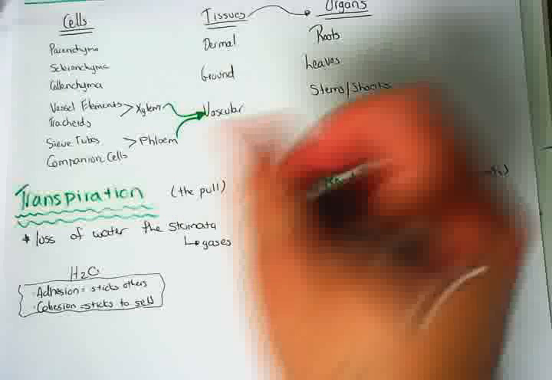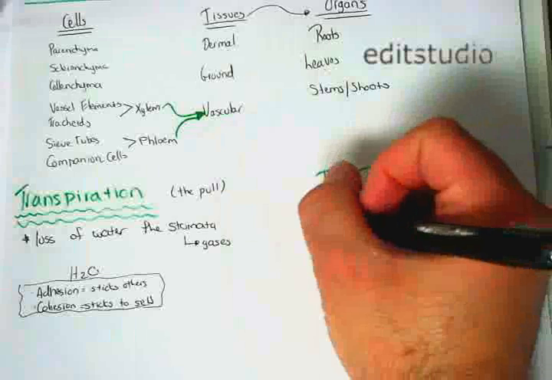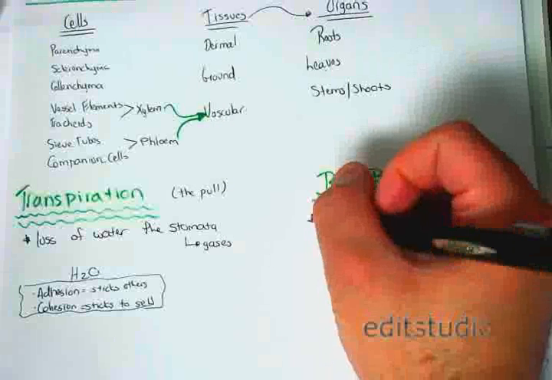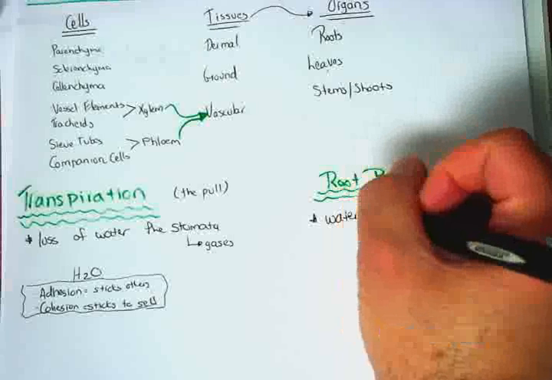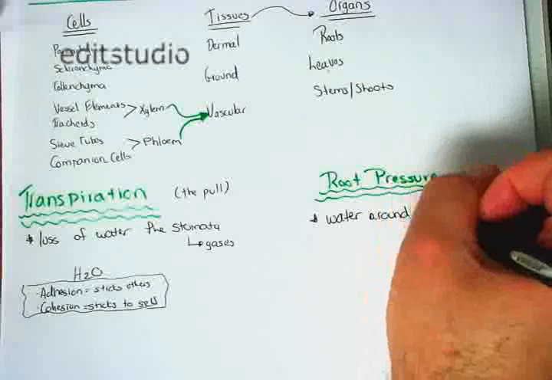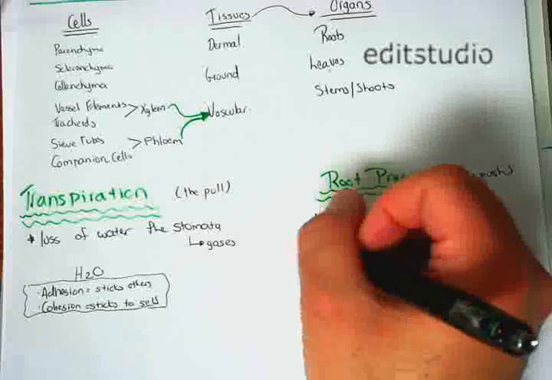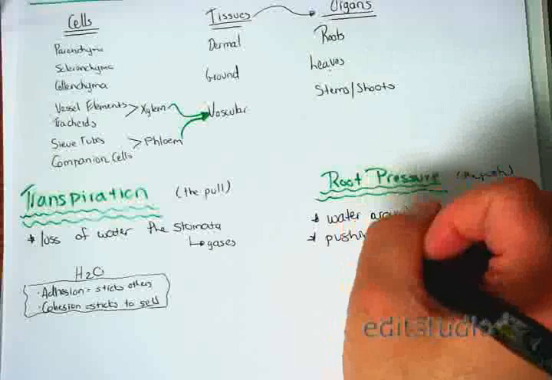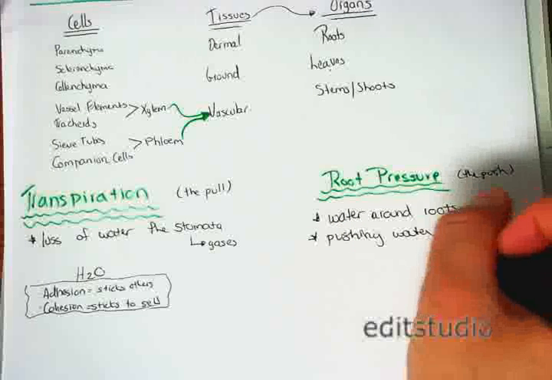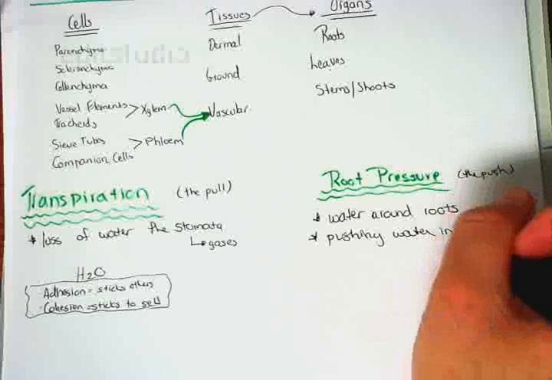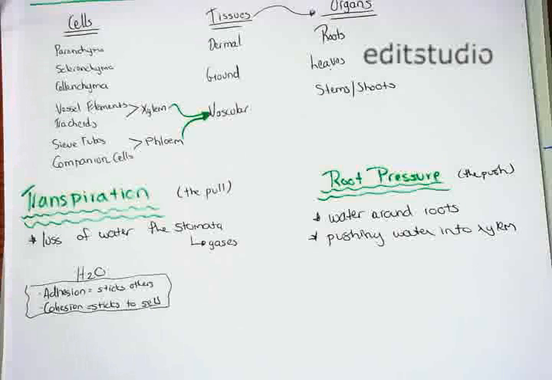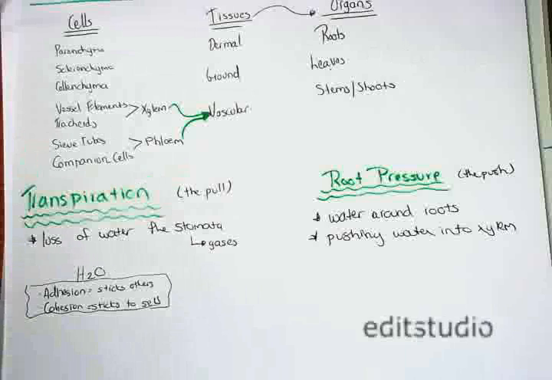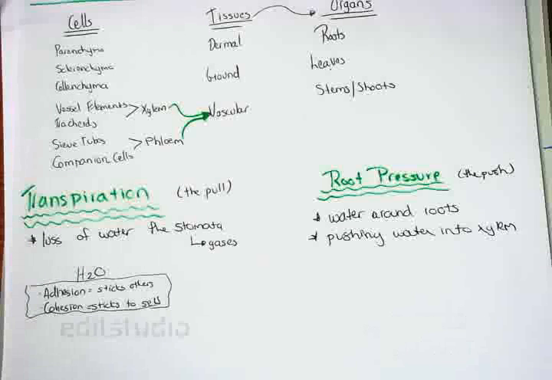Not only pulling it, but there's root pressure, which is the idea that you would expect to have tons of water around the roots, and that's what's pushing water into the xylem. In other words, the plant is likely to take in water, because water goes from where it is to where it is not, from the soil around the roots to inside the roots. It just works out this way.